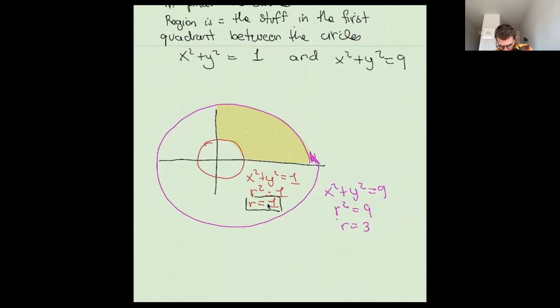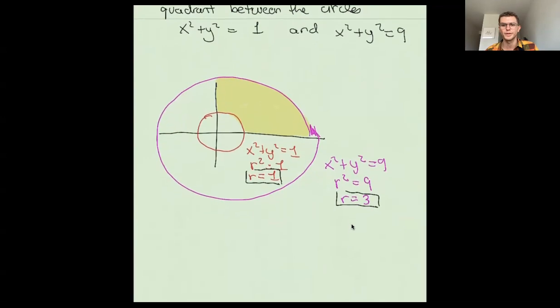Good. So this is the equation for the first circle in polar coordinates. This is the equation for the second circle in polar coordinates.